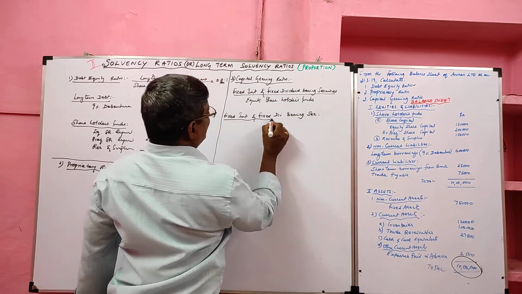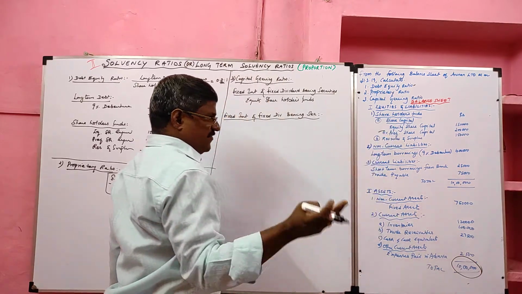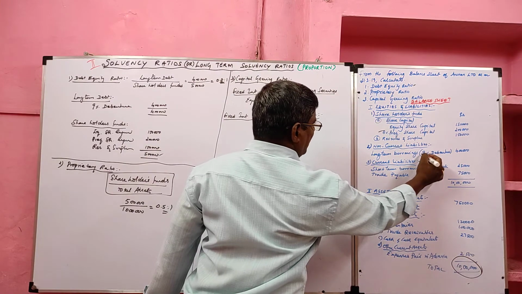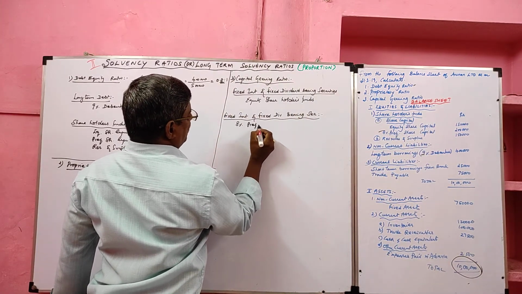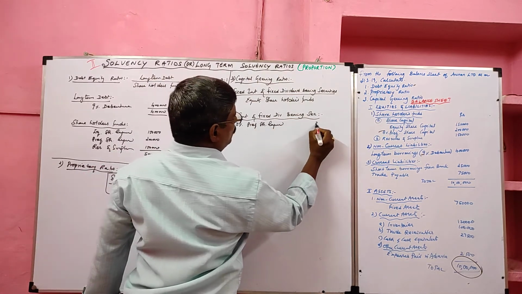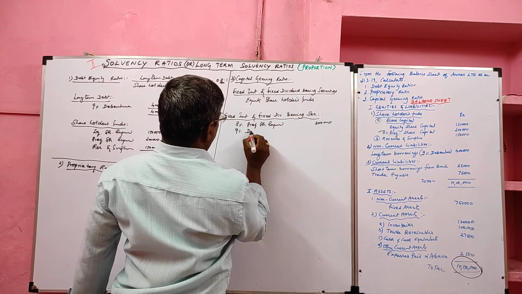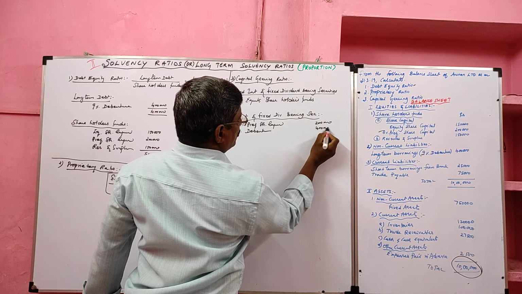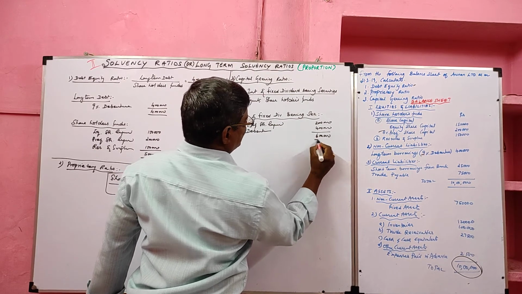What are all fixed interest and fixed dividend securities? Preference share capital, debenture, bank loan. Here we will take preference share capital and debenture. So 8% preference share capital, because for preference share capital we will pay fixed rate of dividend, value 2 lakh. And we will take 9% debenture, its value 4 lakh. So our fixed dividend and fixed interest bearing securities value 6 lakh.